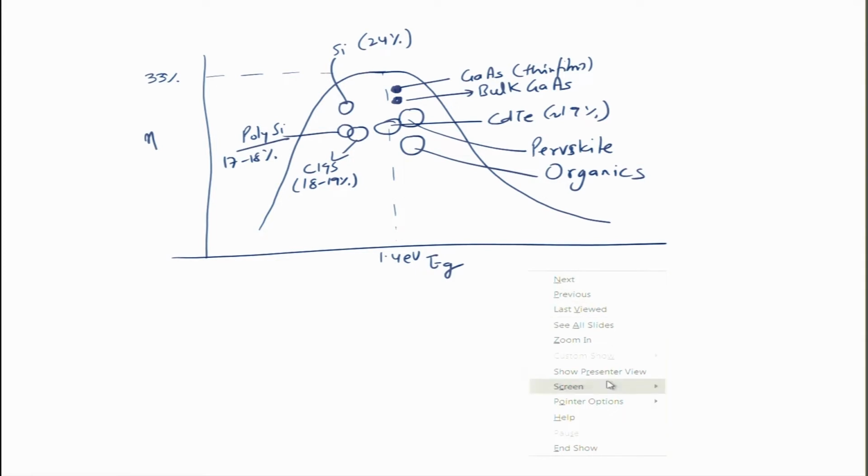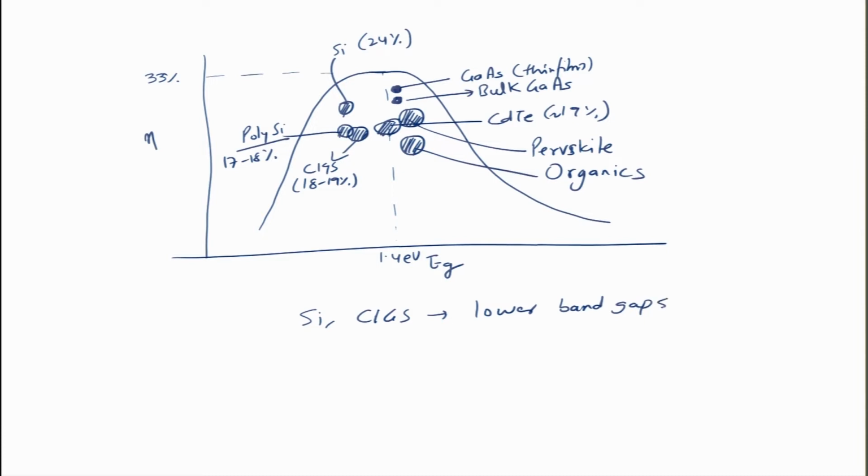So, you can see that these are different materials that you have in different domains. So, band gaps are centered around 1.5 electron volt. Some materials have band gaps higher than 1.5 electron volt, while materials like silicon and CIGS have a lower band gap. Their efficiencies are of the order of: crystalline silicon about 24%, CIGS about 19%.